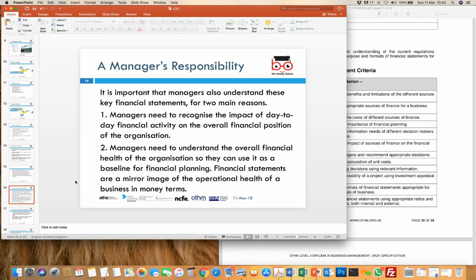Now, you need to be able to recognize which of these statements is important for the day-to-day running of the company, and which is important to showcase the overall financial position of the company. So let me ask you a question. If I have to look at the monthly status of the business, which particular financial statement do you think you would want to look at as a finance manager?